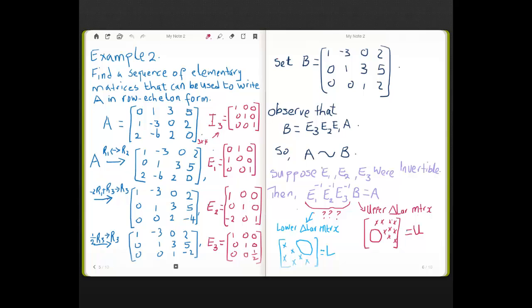Now, if E1, E2, E3 were invertible, then we can multiply both sides of this equation by E1 inverse, E2 inverse, E3 inverse, that would get rid of E3, E2, E1, giving us E1 inverse, E2 inverse, E3 inverse times B equals A.